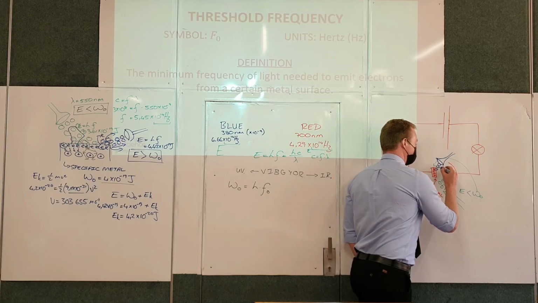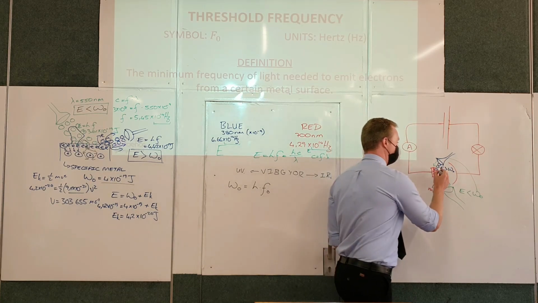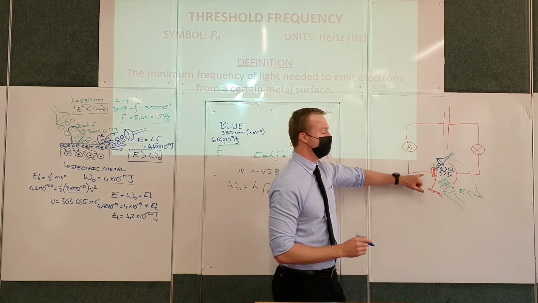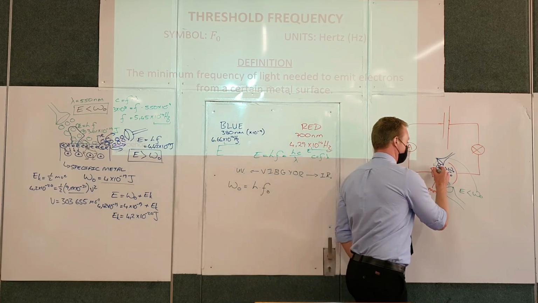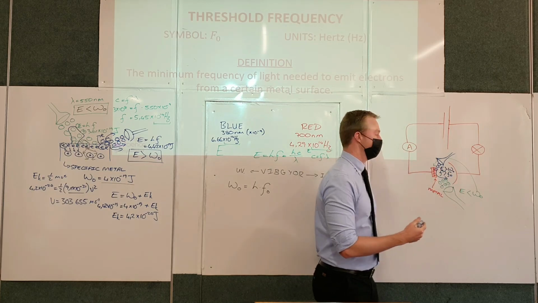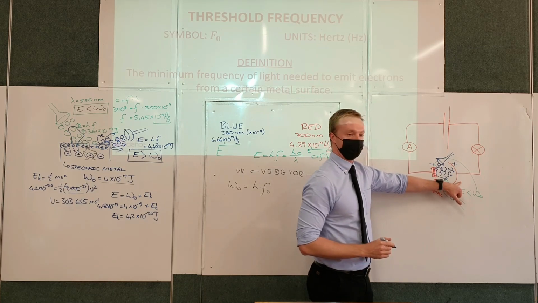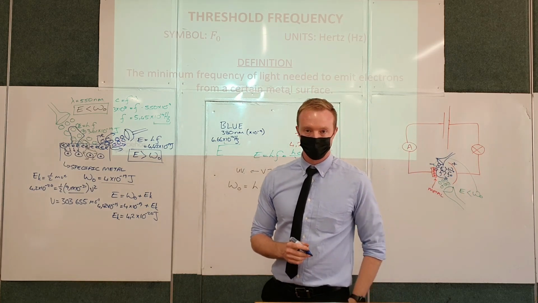Blue light photons have enough energy to overcome the work function, or the frequency of blue light is greater than the threshold frequency for this metal, which means that each electron absorbs a photon, and because there's a potential difference between these two parts of the circuit, the electron then heads across to the other side of the circuit.